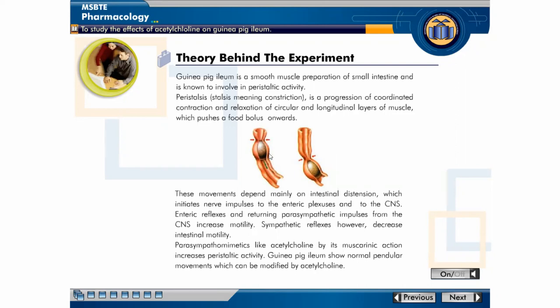See this image. This contraction and relaxation is in the circular or longitudinal layer of the muscle and pushes food material in the body.